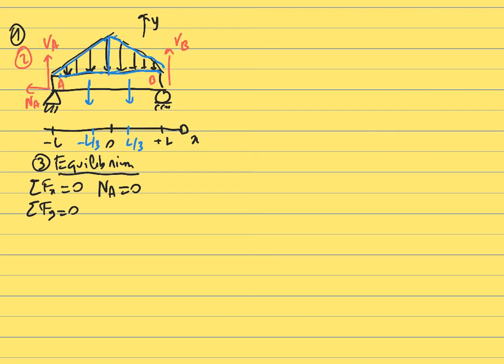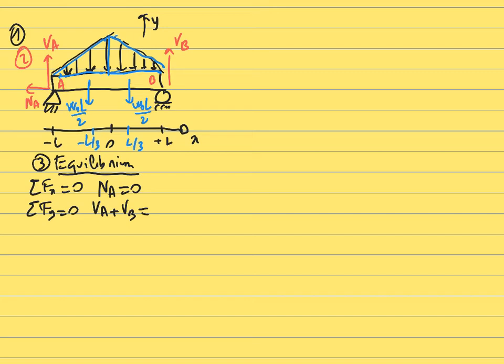The intensity, since it's a triangular load, is the area of the load diagram, which is half of a rectangle. So the intensity would be W0L/2, which is half of the area that a rectangle W0L would have. Now we can write that the sum of the forces along y is equal to 0. VA and VB have a positive projection and are counterbalancing those two forces going down, W0L/2 plus W0L/2, which have a negative projection.